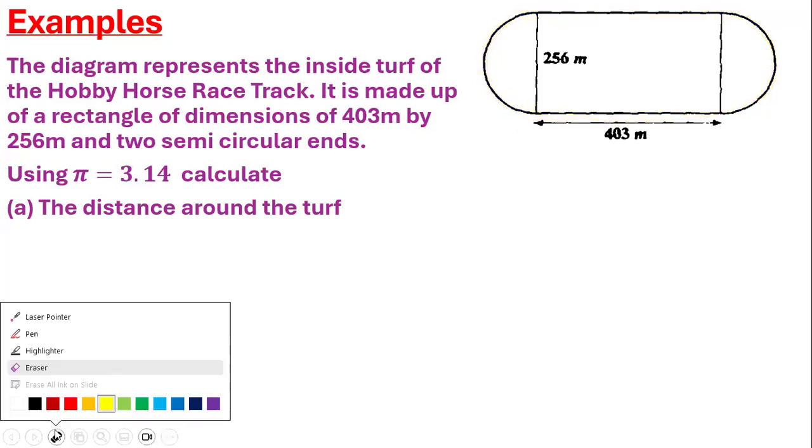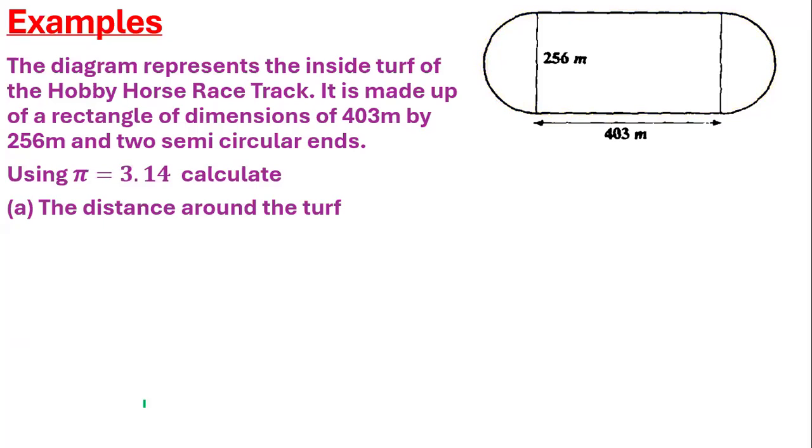So what does that mean? That means that we need to do what? We need to figure out what is, oh, we already have it. This is what, 403, okay? So this side is 403. If this side is 403, class, what's going to be the distance of the next portion? I want everyone to answer, please.